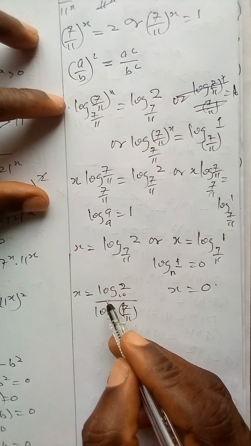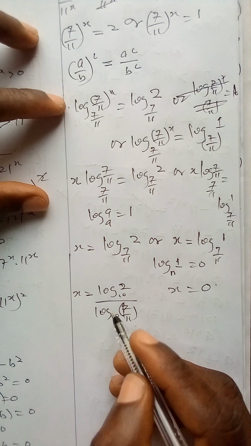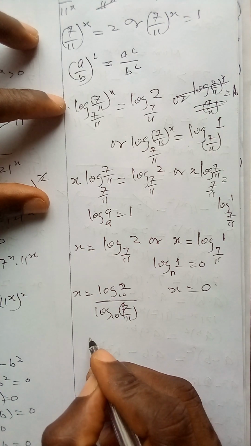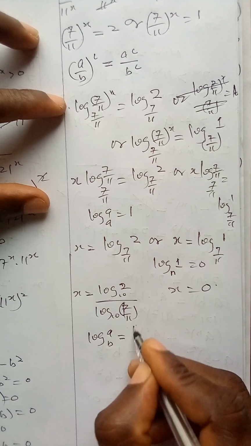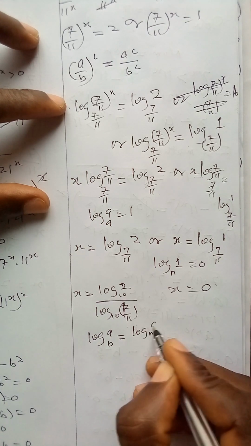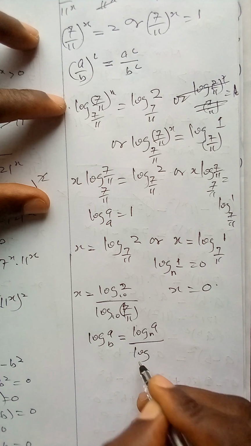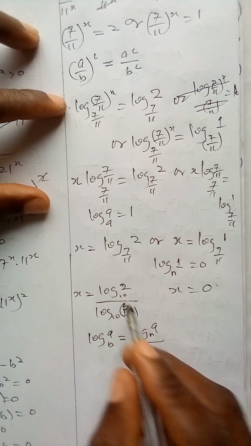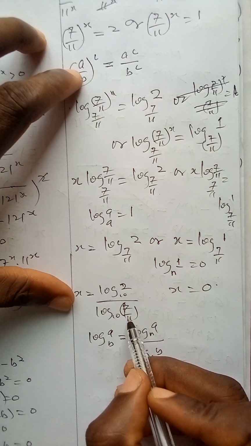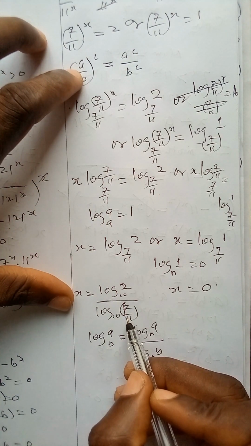What I did here is change of base. In change of base, we are given that log to base a of b can be written as log to base n of b over log to base n of a. So this is applied in this first case. We are now going to apply subtraction law of logarithm.